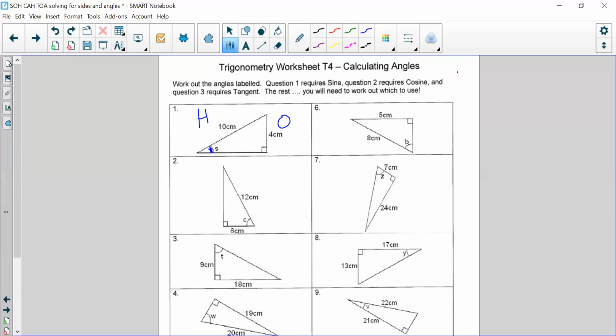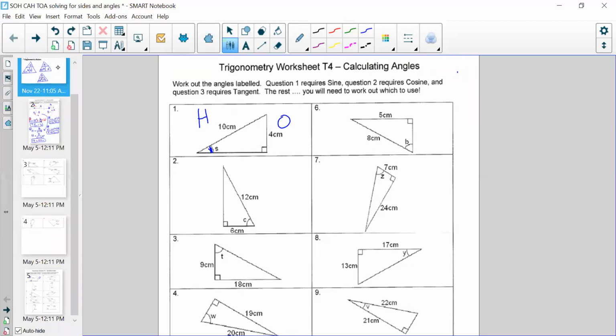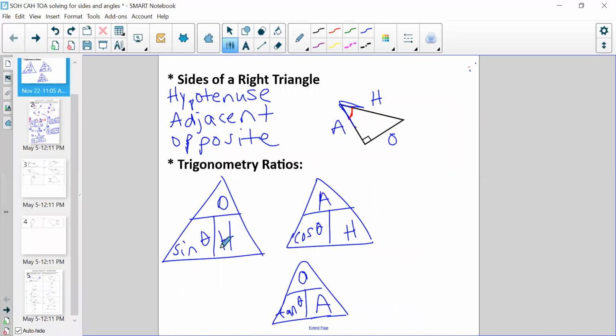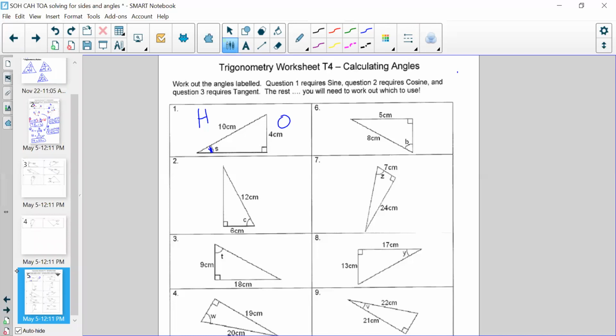So if I go back to my formula triangles here, sine is opposite over hypotenuse. I'm solving for this angle, this theta. So I'm going to set up this whole formula, and then we'll figure out how to do that on our calculators.